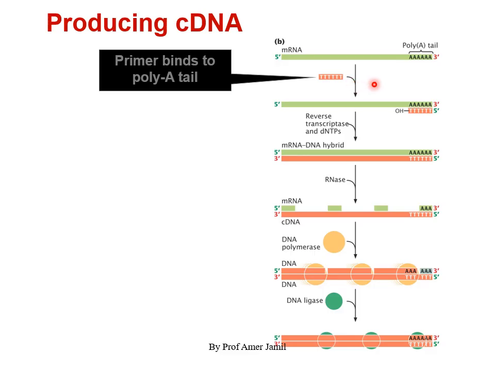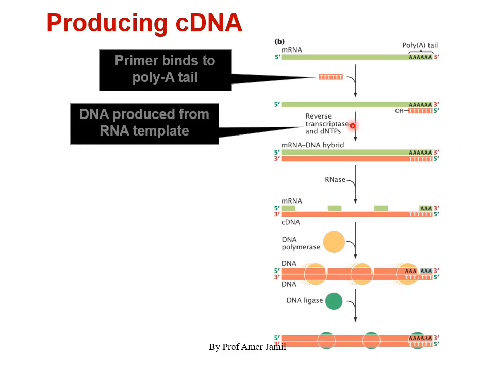So reverse transcriptase also cannot initiate a chain. It requires a primer. So you can make a primer by using this poly-A tail, or you can make some internal primer as well. So primer binds to the messenger RNA, and then reverse transcriptase is added, which is basically present in many of the RNA viruses, and that is isolated from that source.